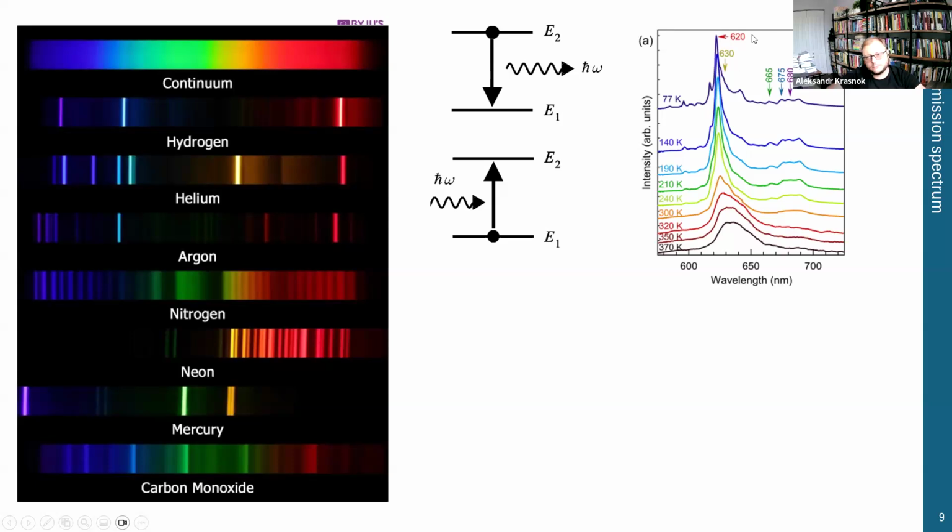With maybe a few examples of atoms like hydrogen, when these energy states are so rare, located so far away, we can induce just one transition. Other materials, look at argon, for example, or nitrogen, right? You see how many lines there are, and of course they interfere when the temperature is not low.